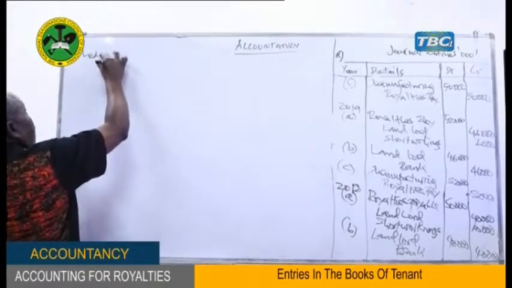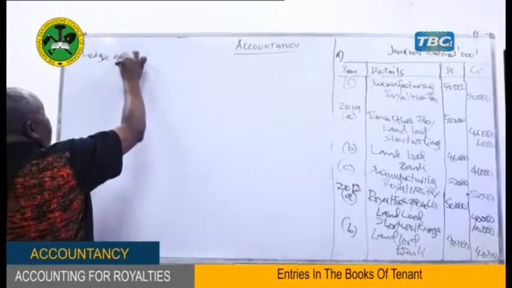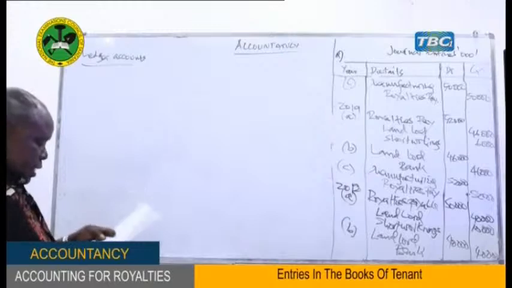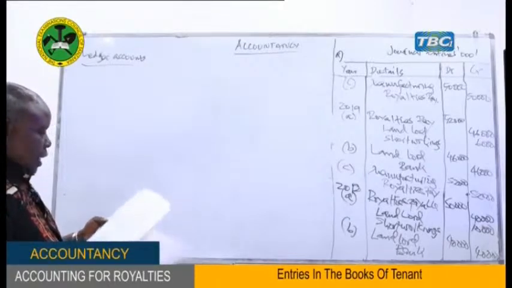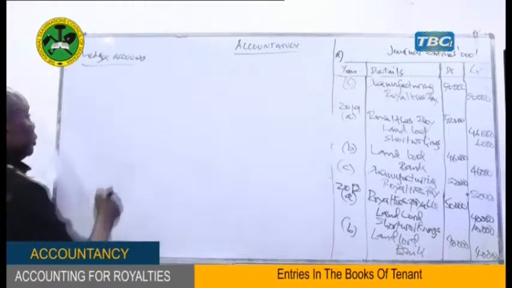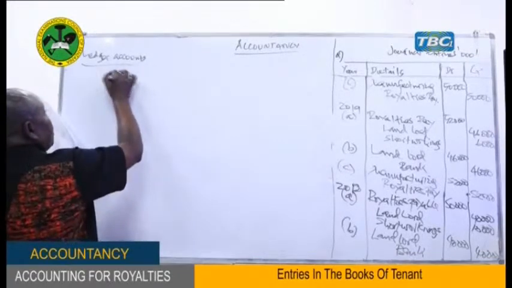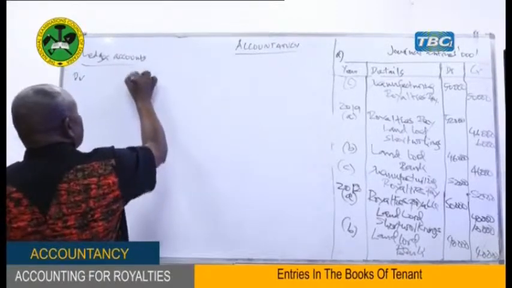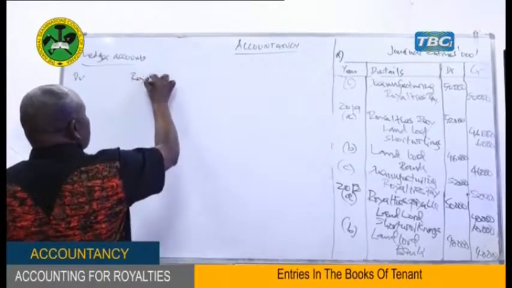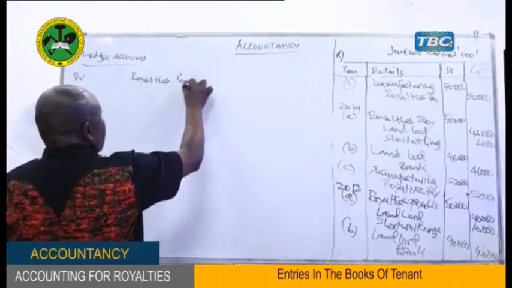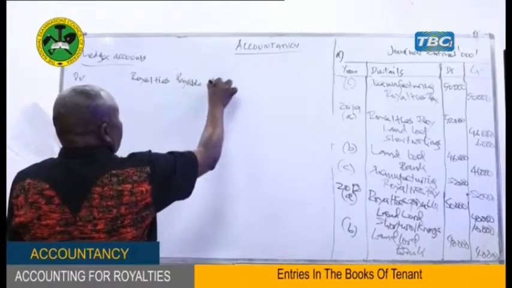Now we start with the royalties account. So royalties payable, debit, royalties payable account.